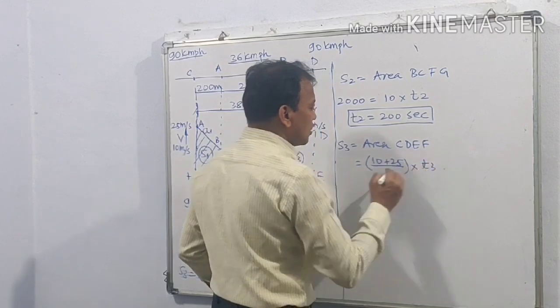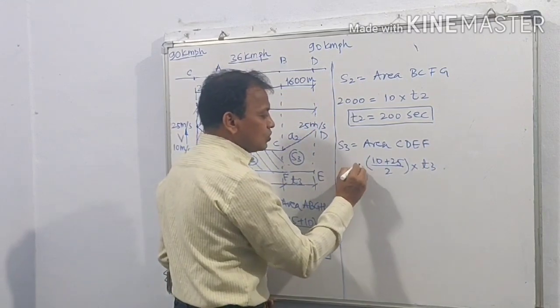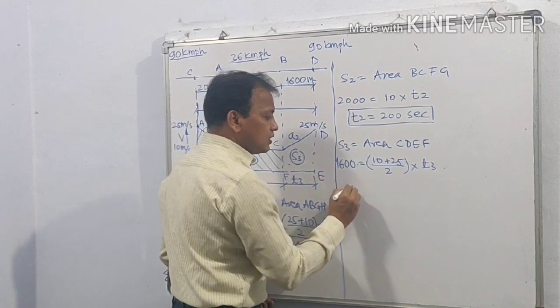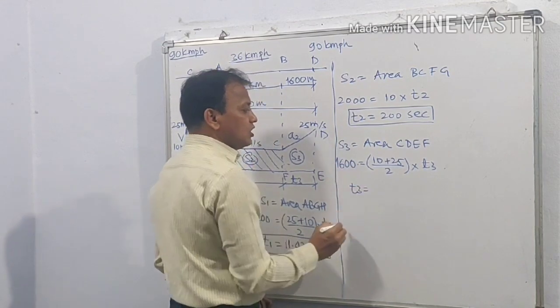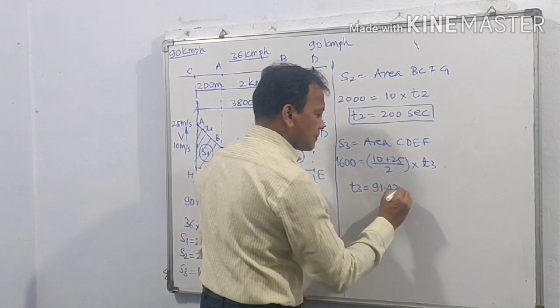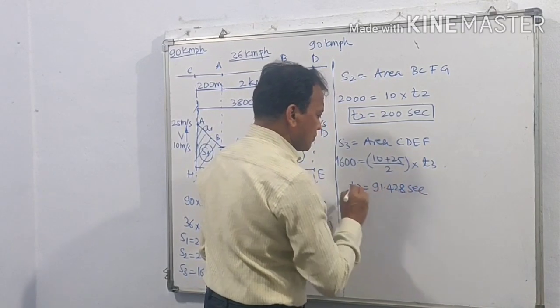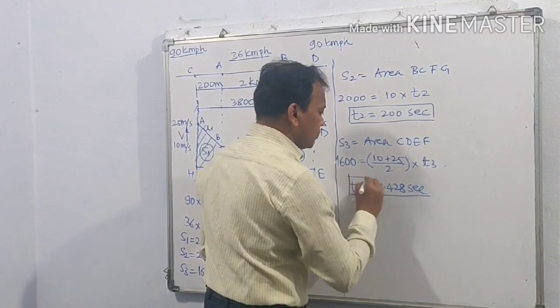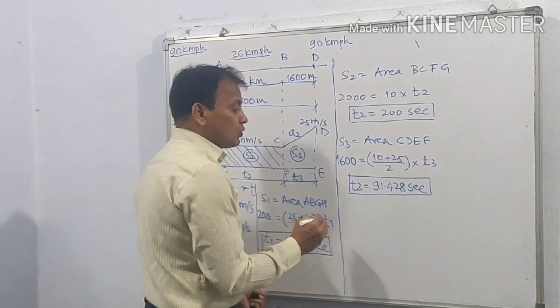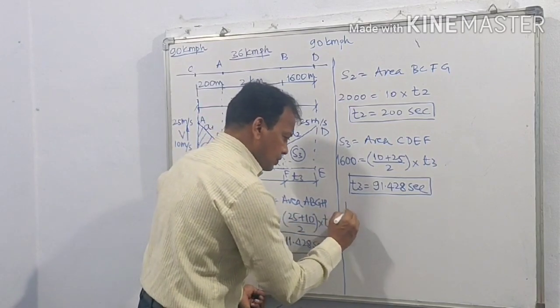So S3 is equal to, that is also given, that is 1600, and therefore T3 is equal to 91.428 seconds.